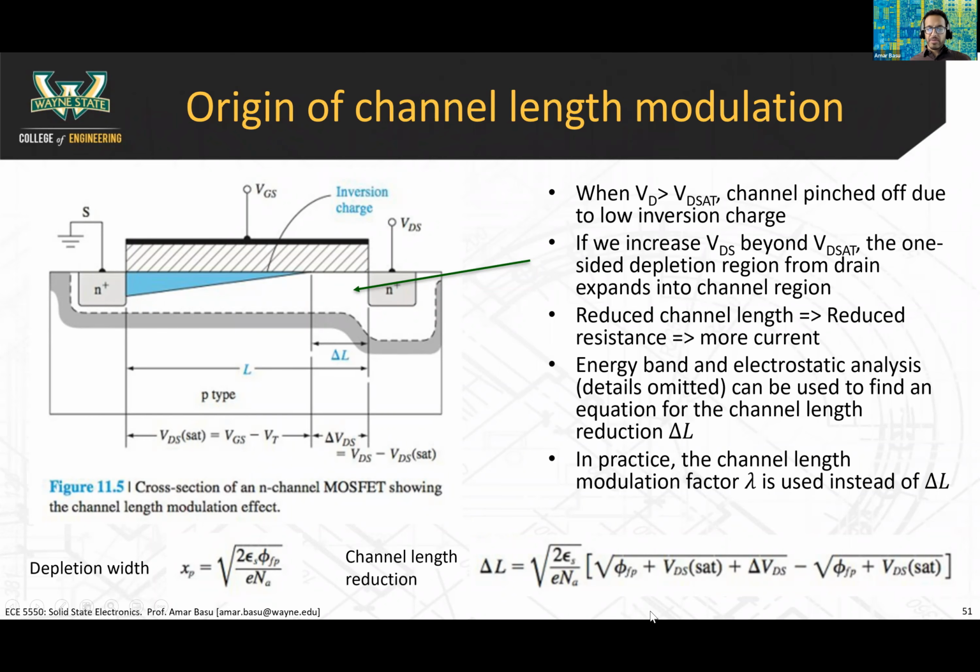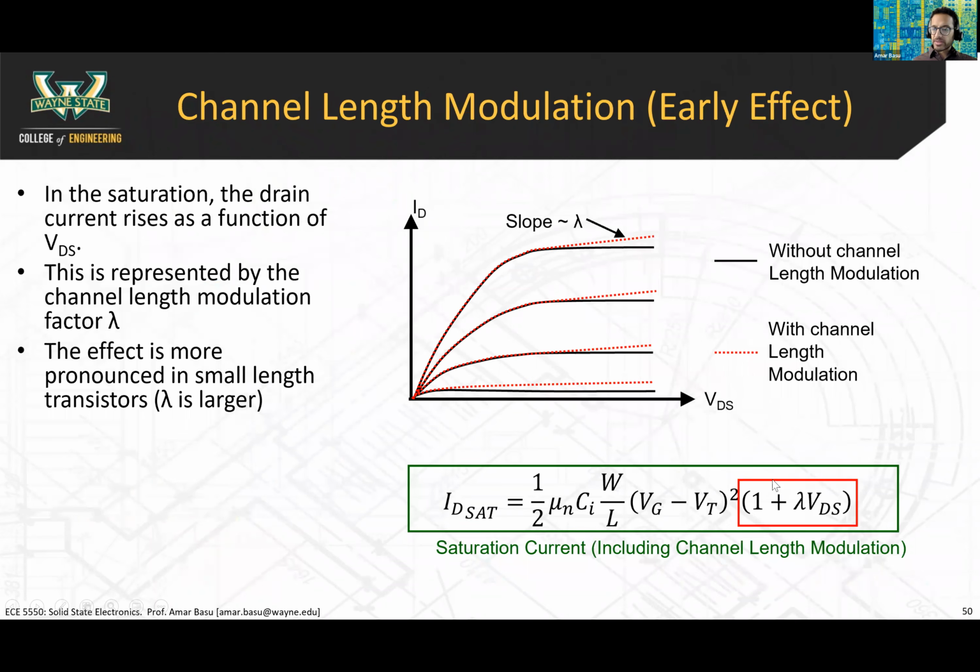This entire effect is encapsulated into the channel length modulation factor lambda. So you're not going to have to calculate this delta L for the purposes of this class. You're just going to use the channel length modulation factor, which you can just plug into the ID-SAT equation.